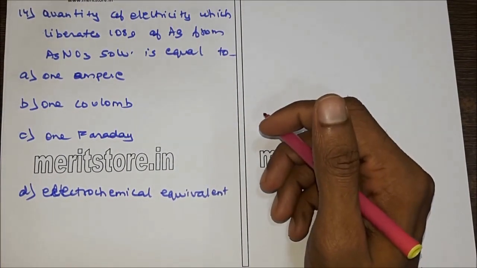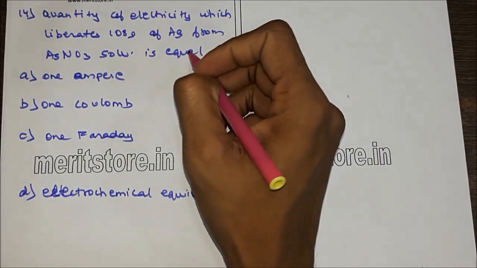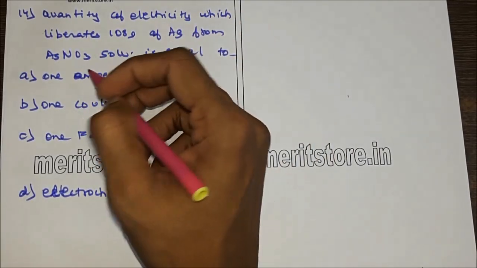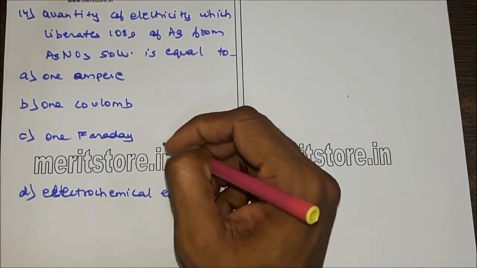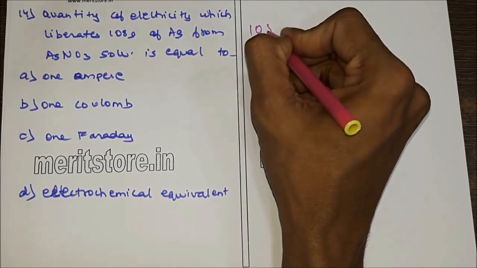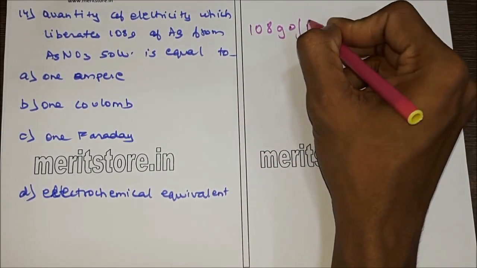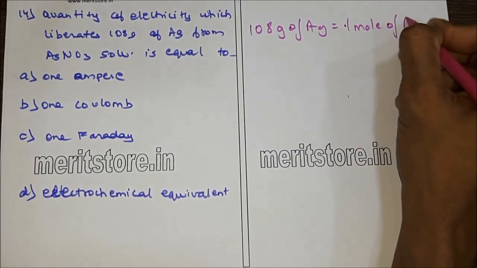Question 14. The quantity of electricity which liberates 108 gram of silver from silver nitrate solution is equal to, we're given four options. We have 108 gram of silver, which is equal to 1 mole of silver.